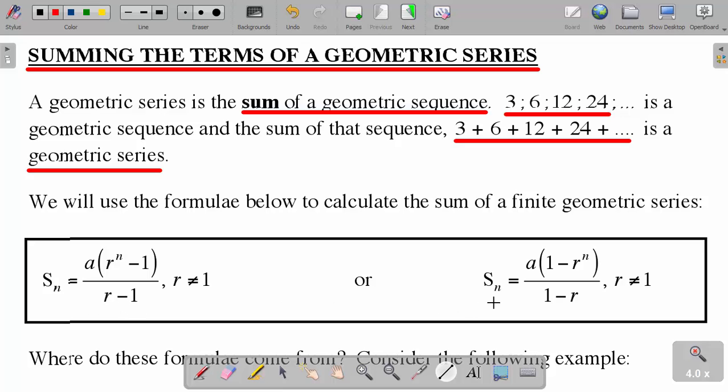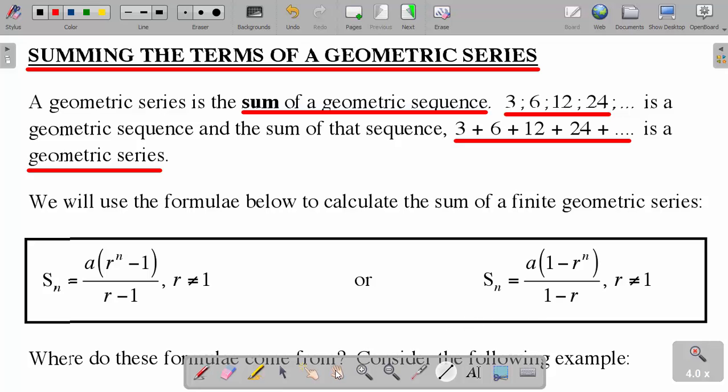Or you can write it as the sum of the first n terms equals the first term, open brackets, 1 minus common ratio power n divided by 1 minus common ratio. Again, our common ratio cannot be equal to 1 because it will not be defined.